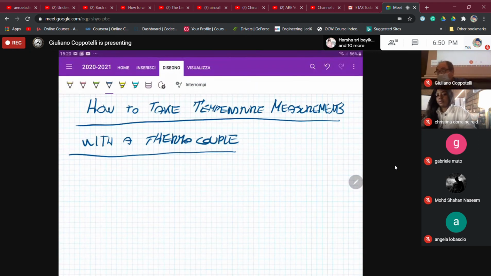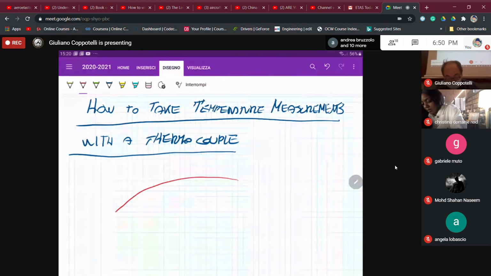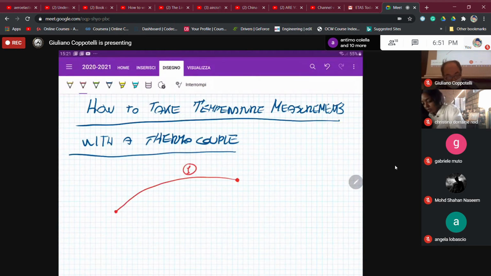Okay, now let's see how we can take temperature measurements by using a thermocouple. The reference configuration is the one that you already saw before. We have one material, then a second material that we use to measure the output tension, for example.